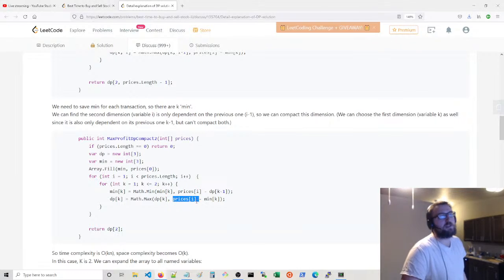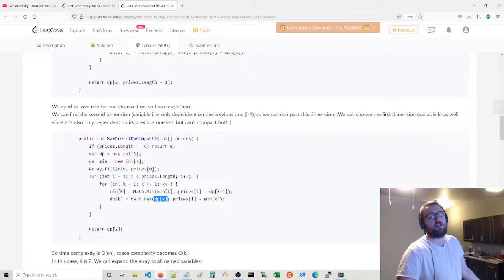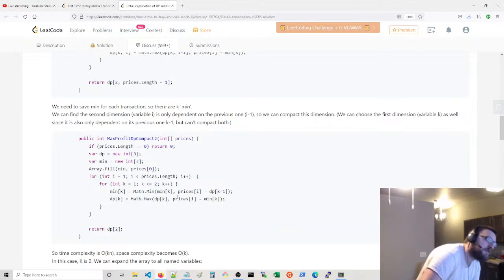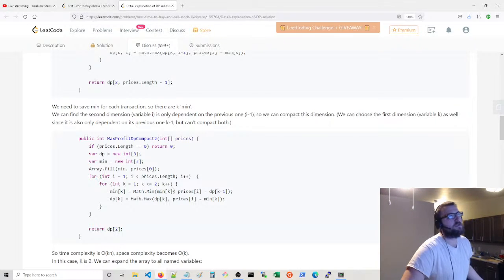But the idea is maybe that price is higher than min2. Since dp1 wasn't changed, a higher price wouldn't affect min2, but it was a high enough price to affect dp2. How about that? Now, I don't know if that's even possible. Can dp2 be a lower price than dp1? I think so.